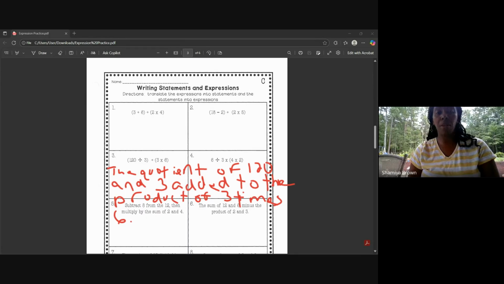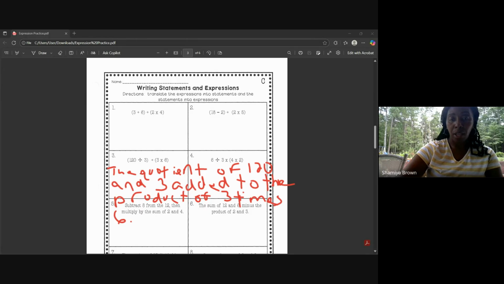That could be my statement to match that. The quotient of 120 and 3 added to the product of 3 times 6. So that would tell me that I have to do this first and do this next. And then once I get the answers to both of these, I will have to add those together. And that's that.